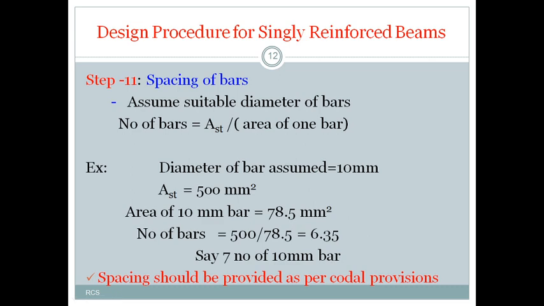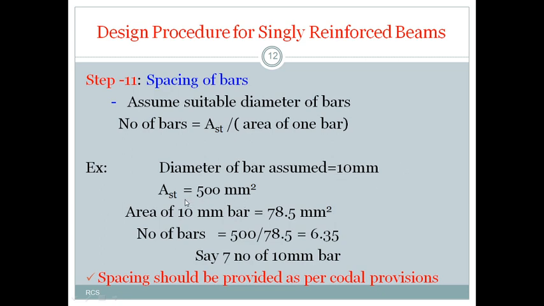Now here, for calculating the spacing of the bars and the number of steel bars required, we have to choose a suitable diameter of the bar. The number of bars can be calculated based on the diameter of the bar. So number of bars equals AST obtained in the previous calculation divided by the area of one single bar of a particular diameter. Say, for example, I have assumed the diameter of the bar to be 10 mm, and AST is 500 mm square.